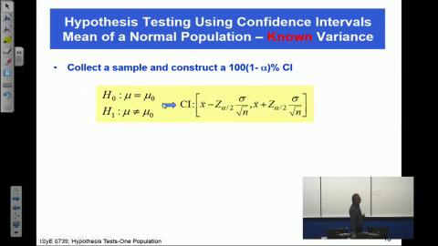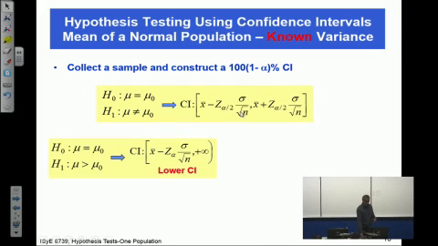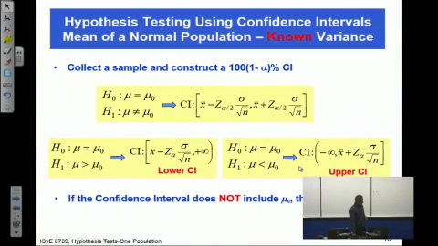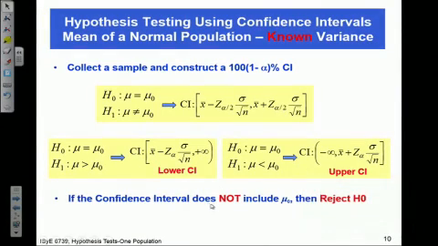Then you see if mu0 belongs to this confidence interval or not. If it belongs, you cannot reject. Otherwise, you reject that. And this is for the lower side, and this is for the upper, basically, one-sided hypothesis testing. Again, if the confidence interval does not include mu0, then we reject H null. And actually, these two are one-to-one correspondent.